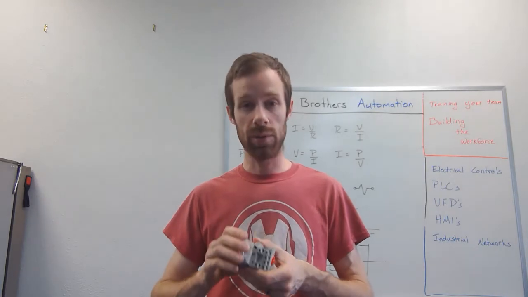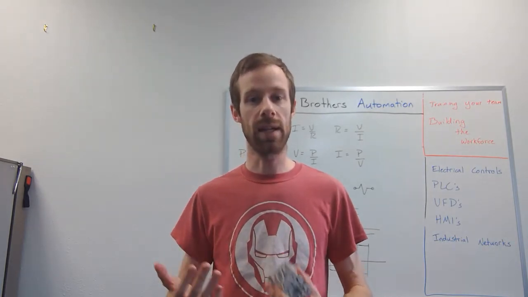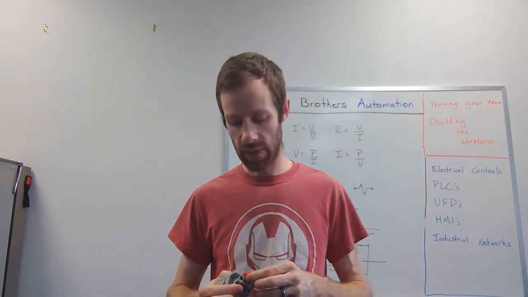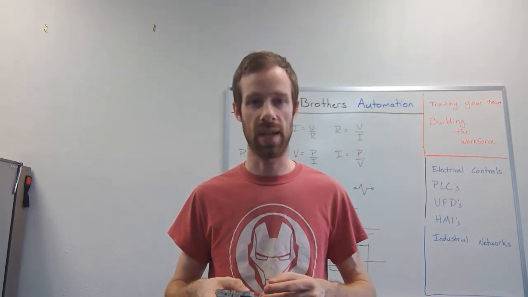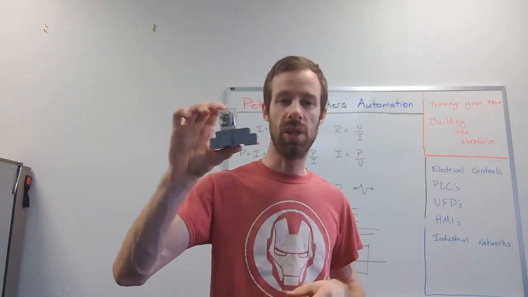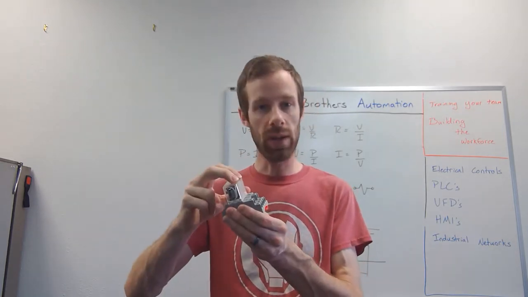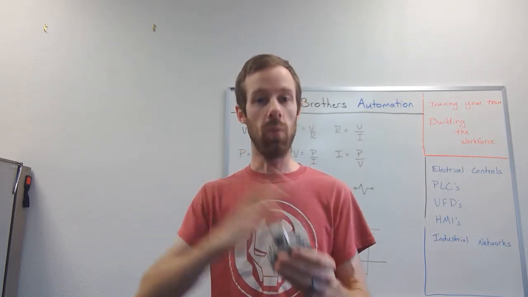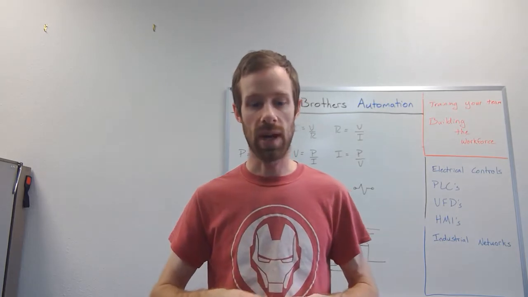But they also create what's called induction, and the effects of induction in the circuit can sometimes be pretty harmful. So we've come up with some ways to be able to protect against that. But that's another discussion for later on. At least what we need to know for these relay load devices is that the coil of the relay is the load that we want to turn on and off at the appropriate time.